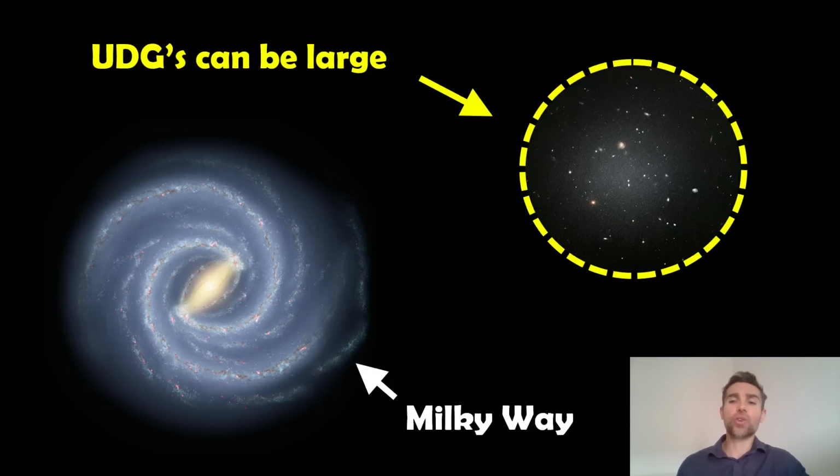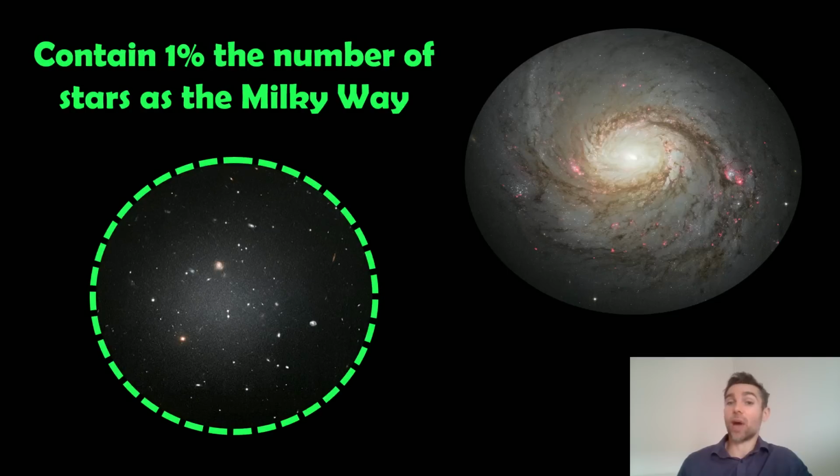Now, these ultra-diffuse galaxies can actually be quite large. They're not necessarily small galaxies, but the reason why they're faint is they have a low number of stars in them. So they could be almost comparable in size to the larger galaxies like a Milky Way, or our Milky Way, as I should say. But because they have so few stars in, their total mass or stellar mass of the stars is quite low.